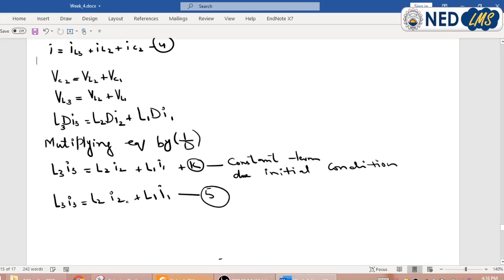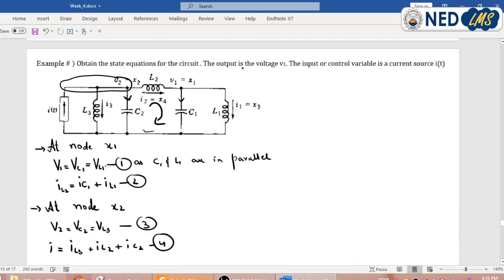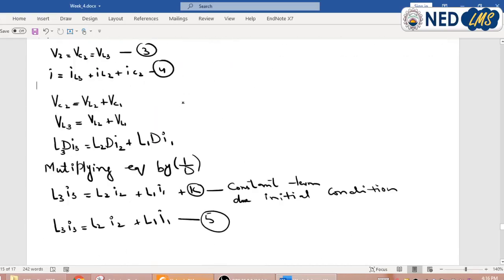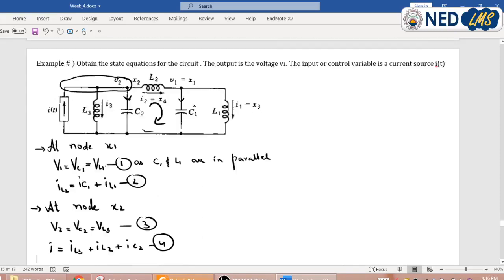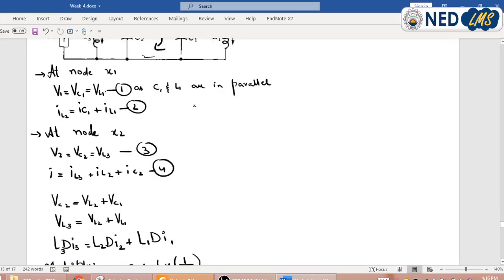Why did I make this equation? Basically this equation reveals one important thing. If we want to decide the state variables here, we can see that we have 5 energy storing elements: 3 inductors and 2 capacitors. Total 5 energy storing elements means that we may have 5 state variables.